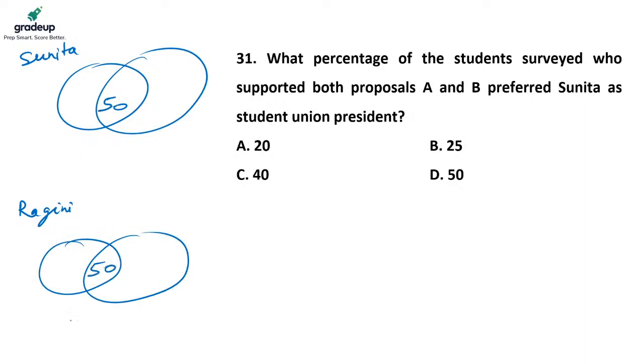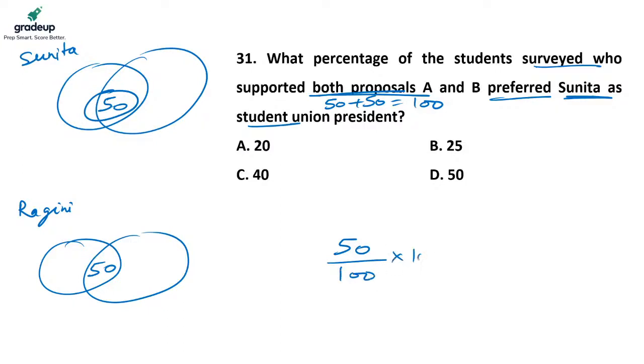Those who supported both, it is 50 plus 50, 100. Out of these, how many preferred Sunita? Can I say 50? So 50 out of 100 preferred Sunita. So in percentage terms, it is 50. That's it. Those who supported both, right?